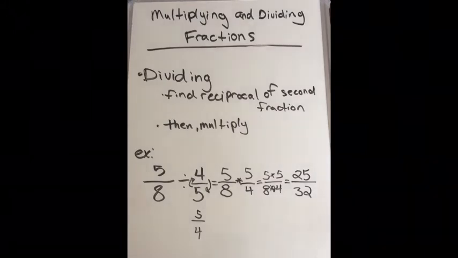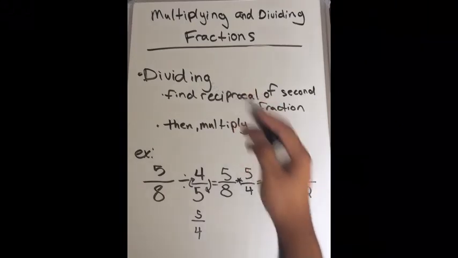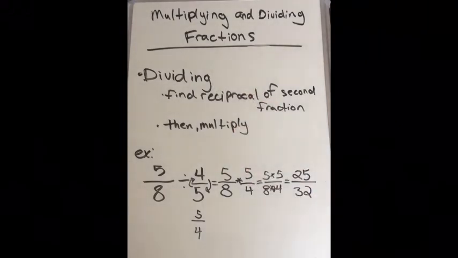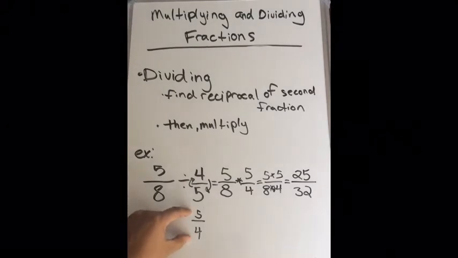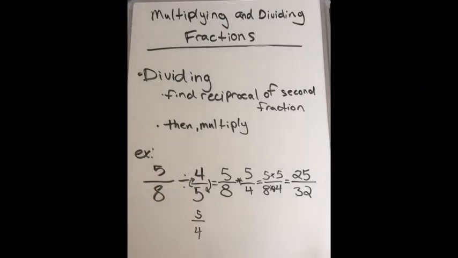Now, this may seem like, hey, we're just multiplying fractions. What's the difference? Well, I want to go back to where we were talking about opposites. In a way, multiplication and division are kind of like opposites within themselves. When we find the reciprocal of this fraction, we're not just multiplying. We're actually flipping this around, and when we're flipping this around, this gives us the ability to multiply.